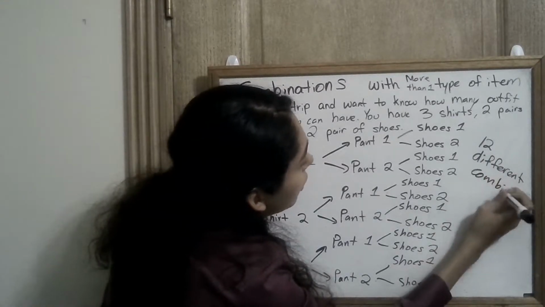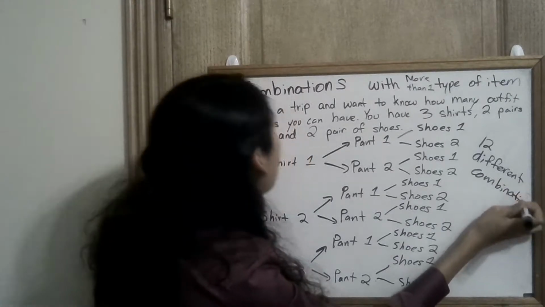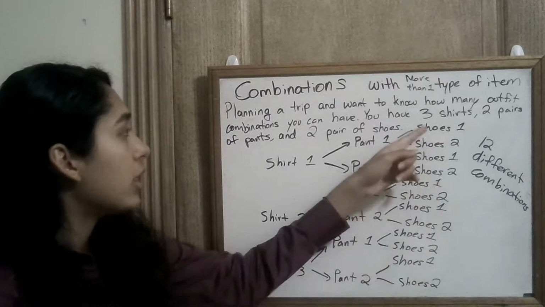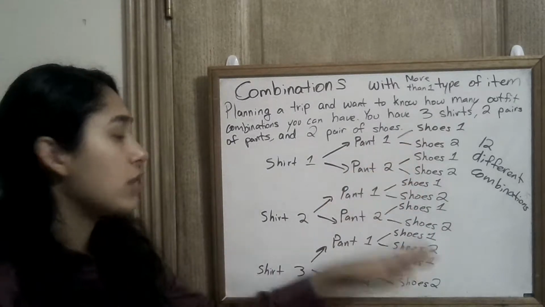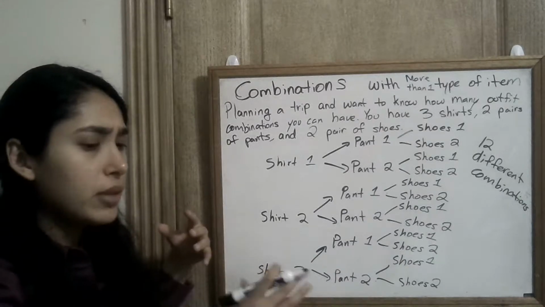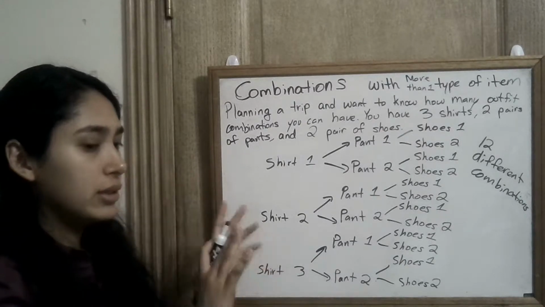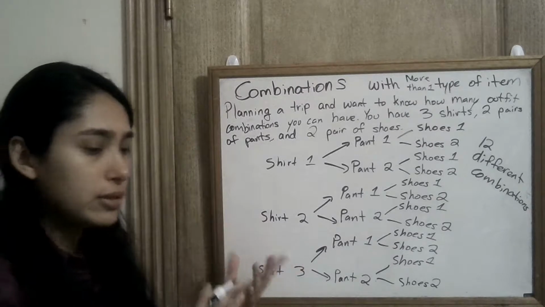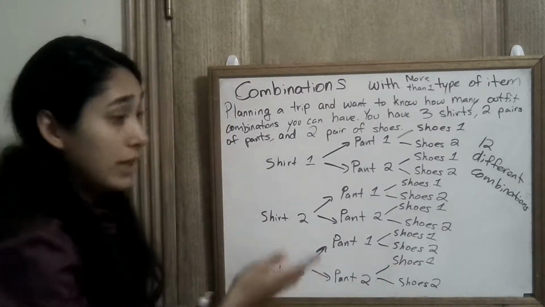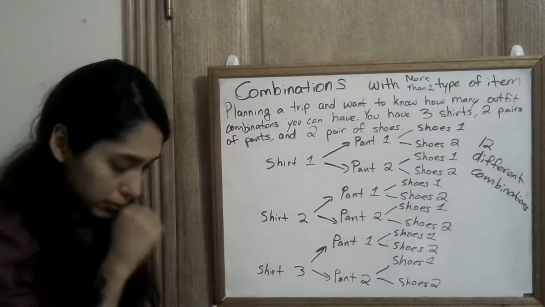I actually prefer working with combinations of more than one type of item because each possible combination does not repeat itself. As in the previous one, the combinations actually doubled up because it was the same thing forwards and backwards. So that could make it a little bit harder to keep track of things. This one is actually simpler.